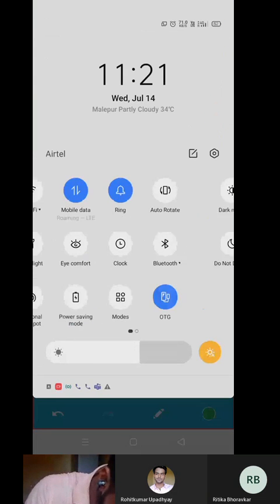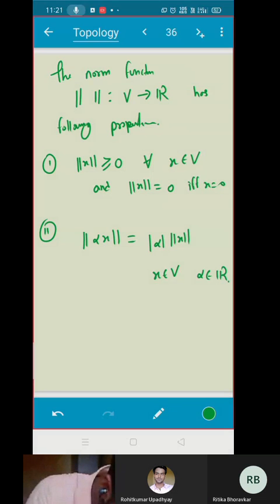Is there anyone who can prove it? Just raise your hand so that I can ask someone. Anyone who can prove the second property? Can you hear me?